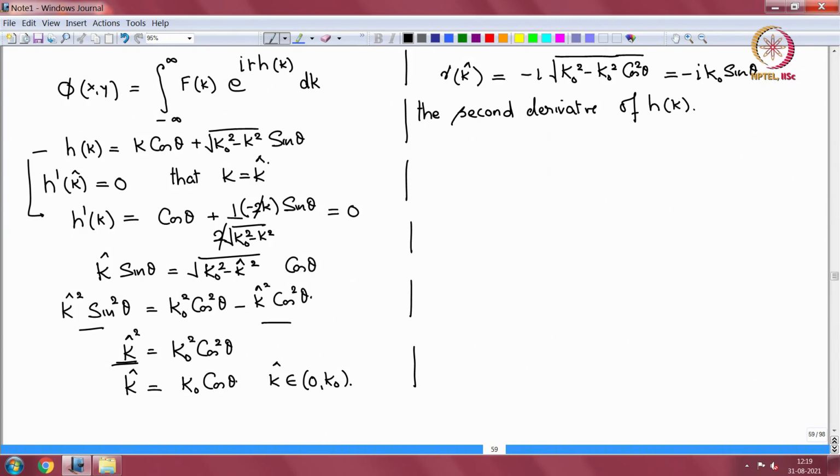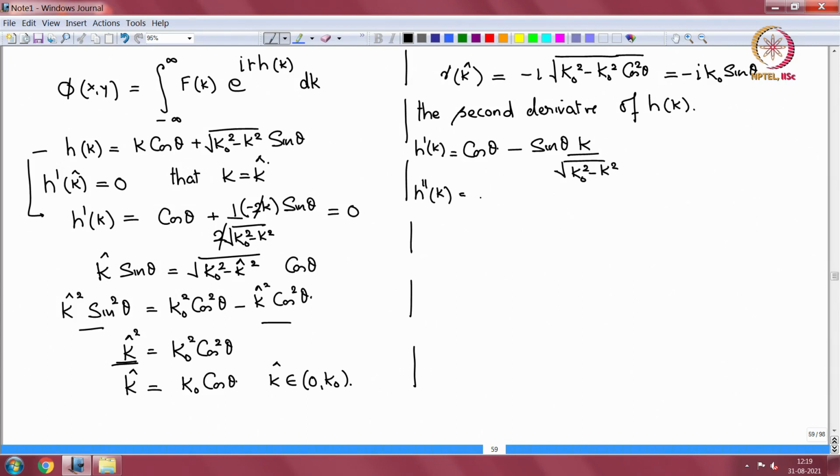So let's see, h dash of k gave me cos theta minus sine theta k by square root of k0 square minus k square. Okay, so this was h dash of k, and h double dash of k gives me 0 here.